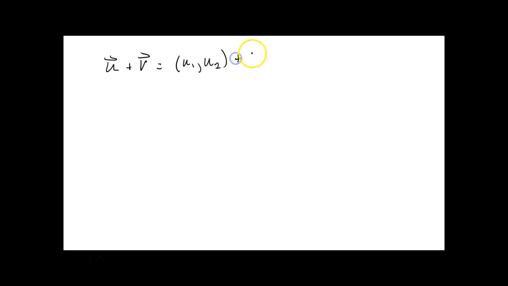Plus vector v would be v1, v2, and to add those two together, you get a vector that will be u1 plus v1, adding the corresponding first components, the x components together, comma, u2 plus v2. It's that simple, okay? That's the sum of two vectors.